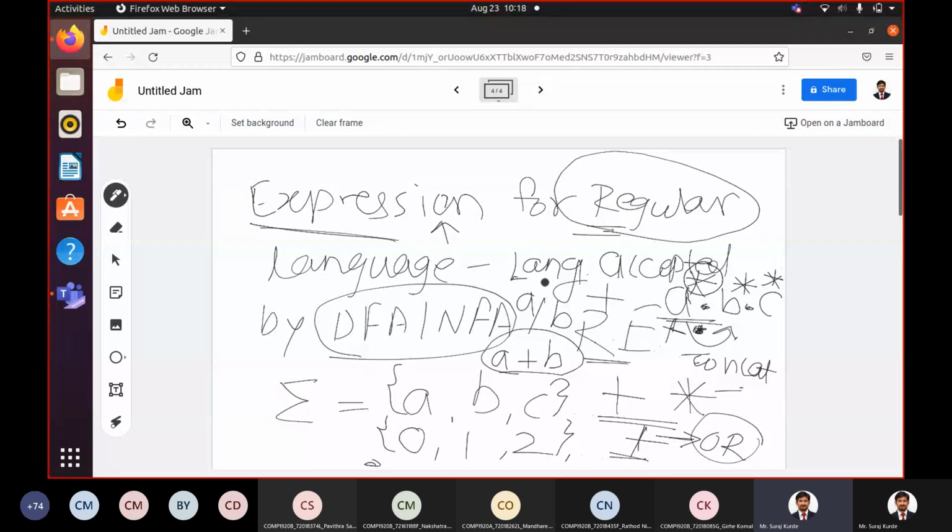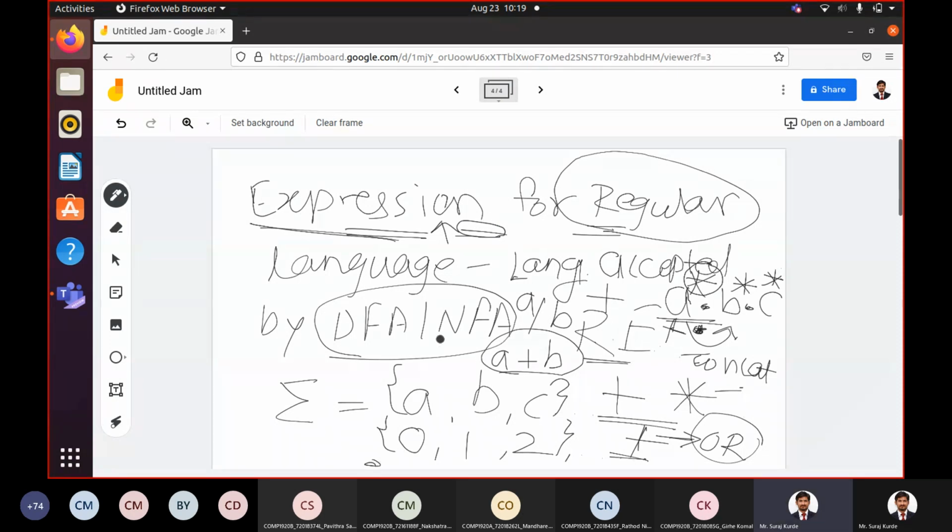So this is what a regular expression is. The definition: it is an expression used to represent regular languages, or languages accepted by NFA and DFA. Those languages are represented using regular expressions, which are a short form for representing any language accepted by an NFA or DFA.